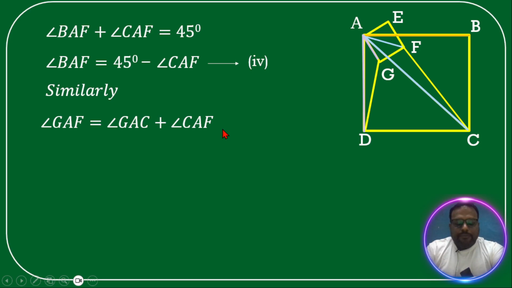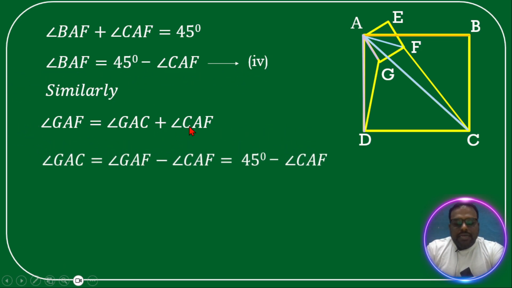I hope this part is clear. Now if I want GAC, the CAF on RHS goes to LHS and becomes negative CAF, and GAF is 45. So GAC is equal to 45 degrees minus angle CAF. Let us name this equation number 5.